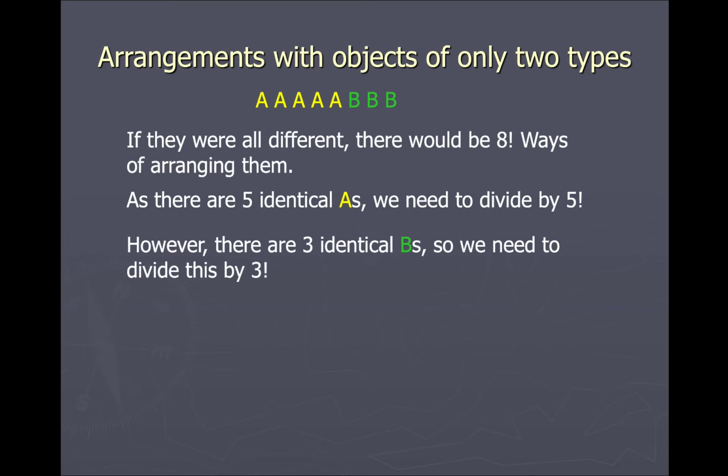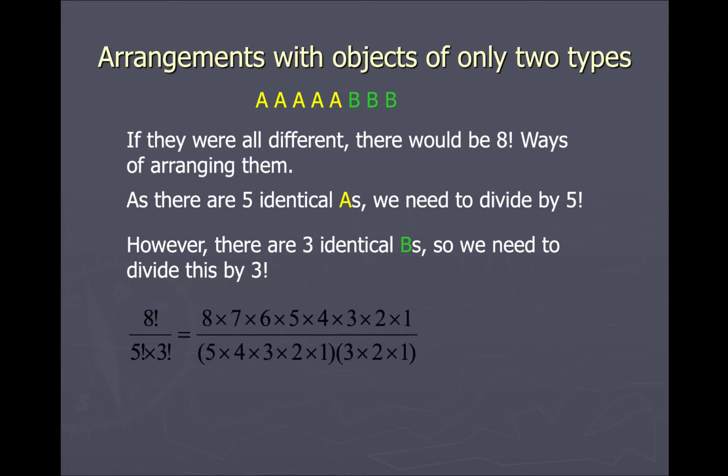However, there are 3 identical B's, so we need to divide by 3 factorial. So the answer is 8 factorial divided by 5 factorial times 3 factorial, which when simplified and calculated works out to be 56. So there are 56 ways of arranging 5 A's and 3 B's.